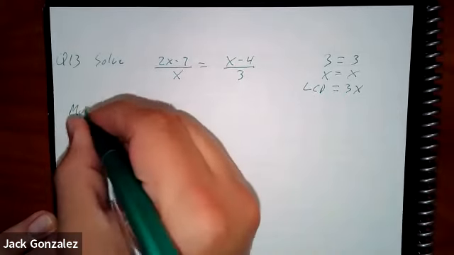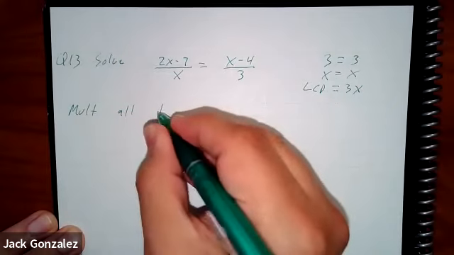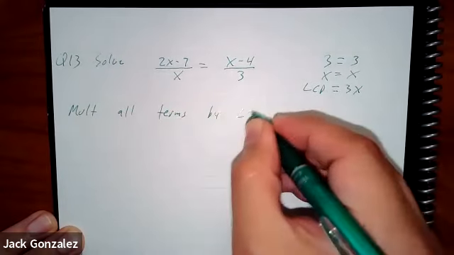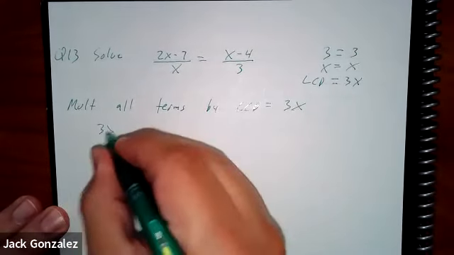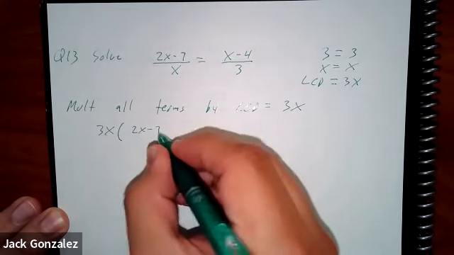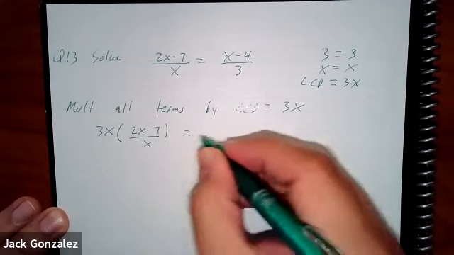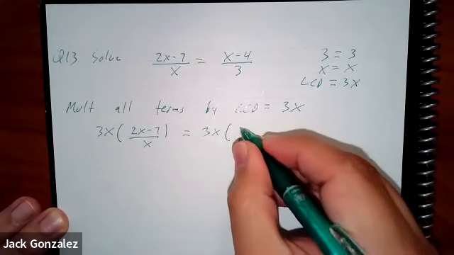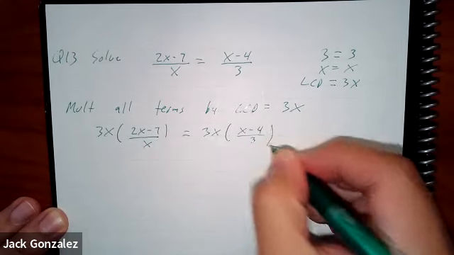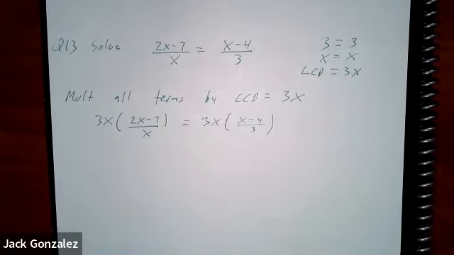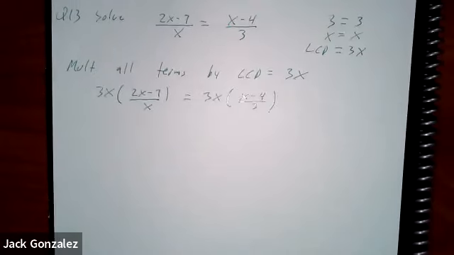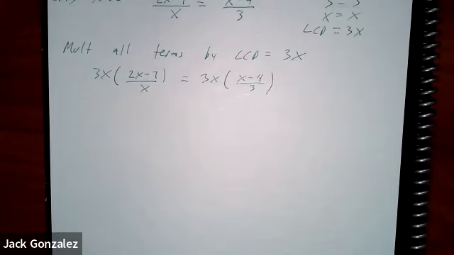So multiply all terms by the LCD, equal to 3X. So you can see what cancels here.